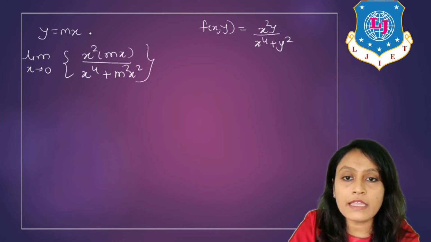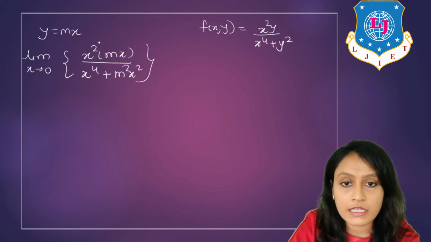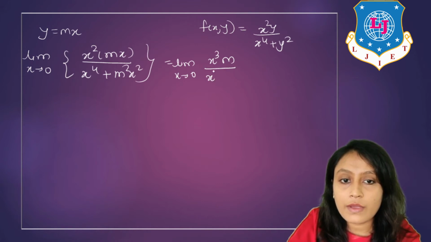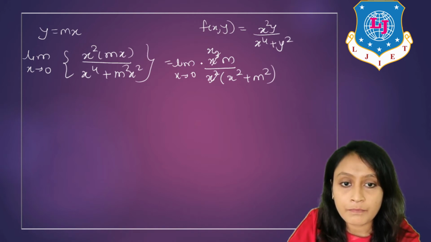In place of y just write mx. Simplify this, so you will get limit x tends to 0 of x cube m upon, now take out x square common from the denominator, so here you will get x square plus m square. This x square will get cancelled and here one x will remain. Now if you apply the limit, this term goes to 0.